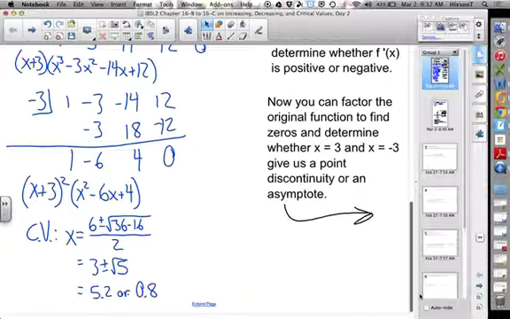So obviously, -3 wasn't allowed to be a solution to the actual equation. It wasn't an actual critical value because it's not in the domain. Right? But that did allow us to find this x squared minus 6x plus 4, which gave us the two critical values at 5.2 and 0.8. Okay?